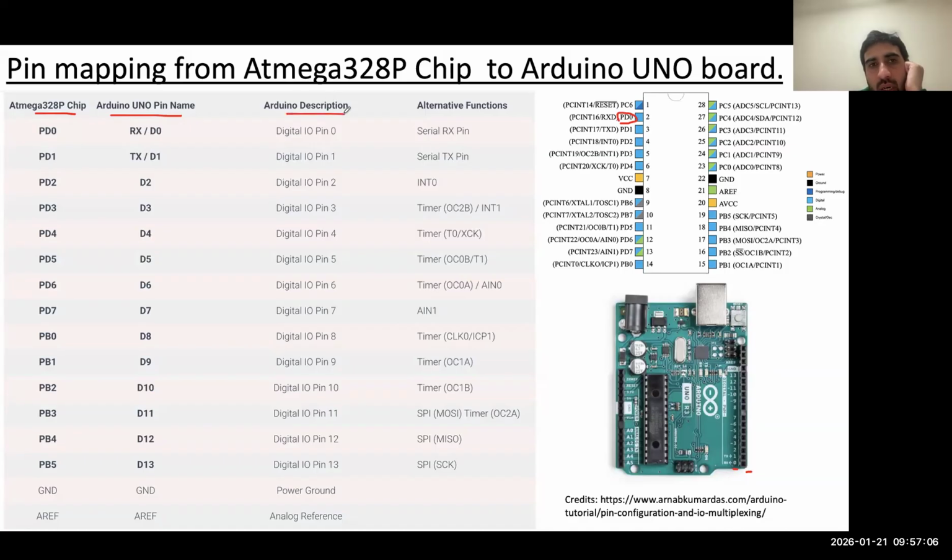The third column gives you the description of the pin from the perspective of the Arduino board, and the fourth column gives you the alternative function. For example, PD0 can be used for input or output, for reading an input or sending an output, or it can also be used as a pin for serial data communication.